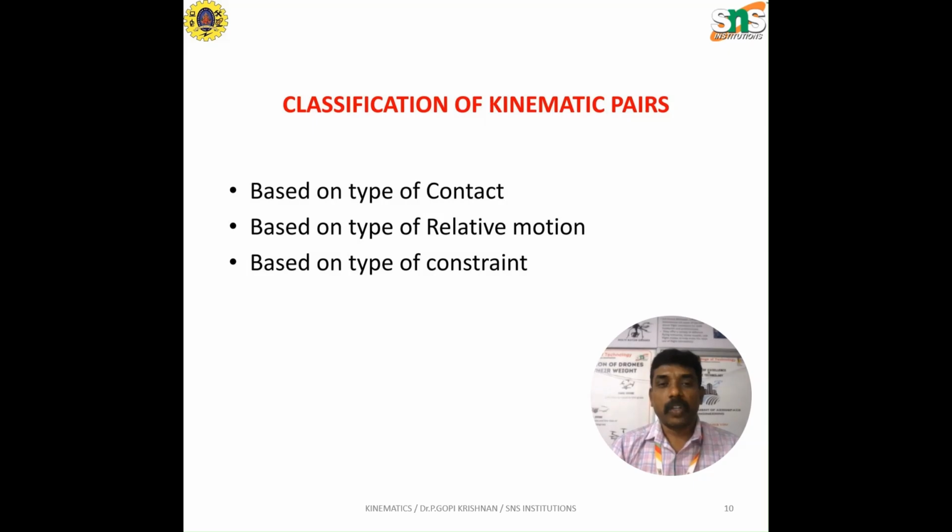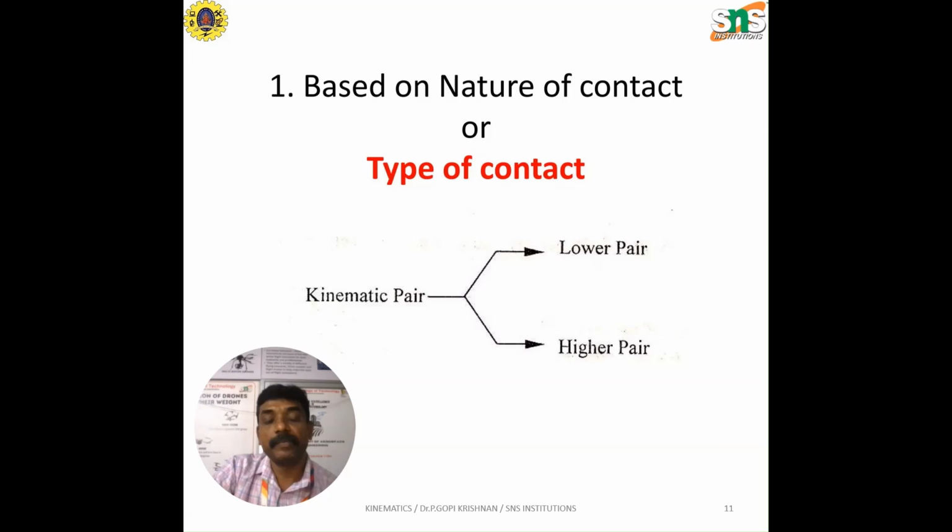Now we will see the classifications behind the kinematic pairs. It can be broadly classified into three segments. One is based on the type of contact, the next is based on the type of relative motion, and the next is based on the type of constraint. We'll see them one by one in the subsequent slides. Based on the nature of contact, a kinematic pair consisting of two components can be classified into lower pair and higher pair.